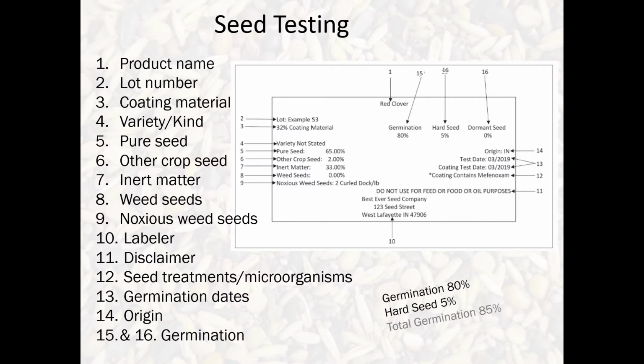The total germination includes presently viable seed and any hard and/or dormant seed. The total is not always listed though. If that is the case, then assume that they are separate. For example, if the germination is 80% and the hard seed is 5%, the total germination should be 85%. This is the standard way of doing it.